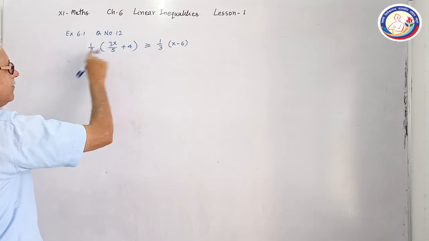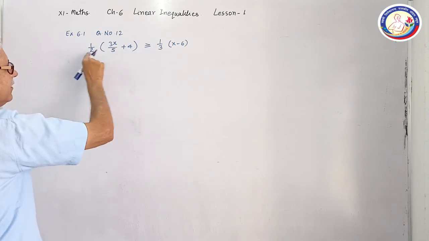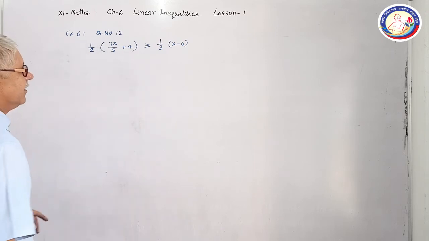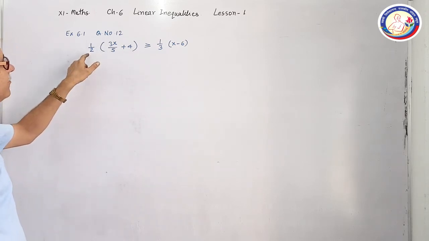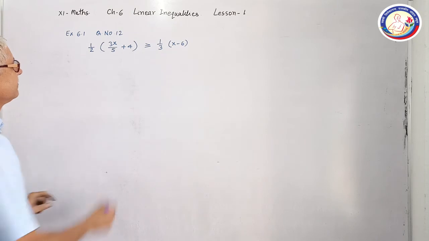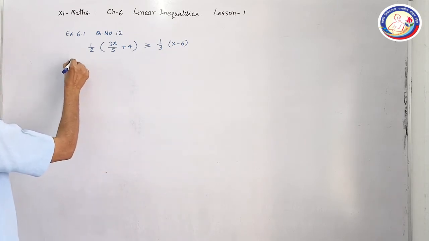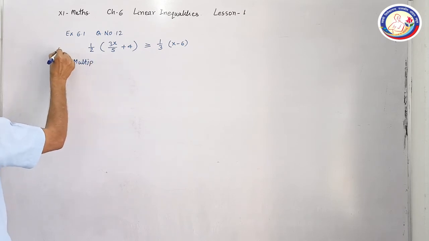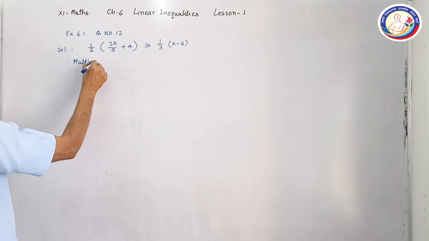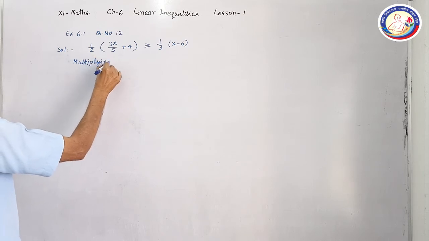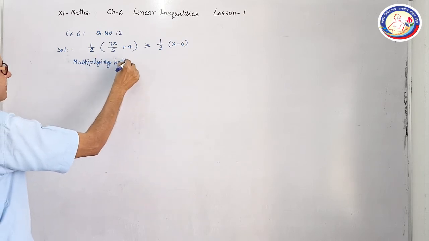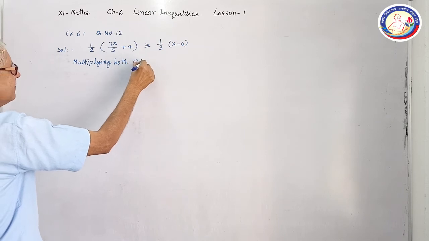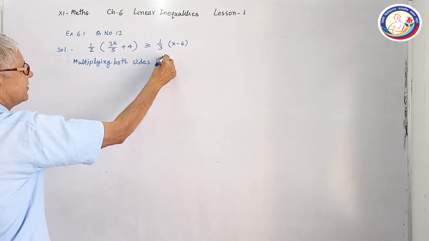So I am multiplying with the LCM of these two, or you can say multiplying both sides by 2 into 3, both sides with 6.